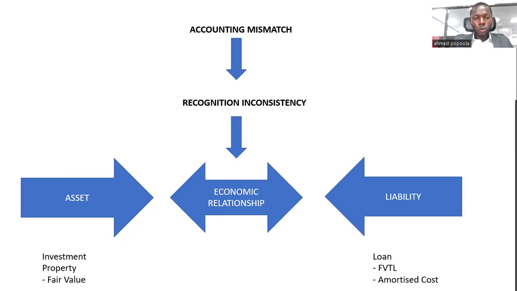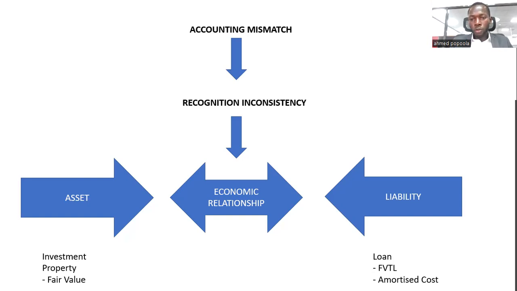So let's look at the subsequent measurement of both the asset and the liability, that is, the investment property and the loan in this case, right? Let's assume that the entity has decided to measure the investment property at the fair value model, right?